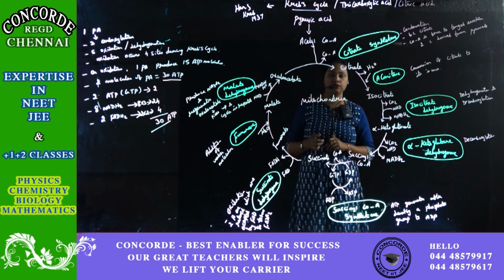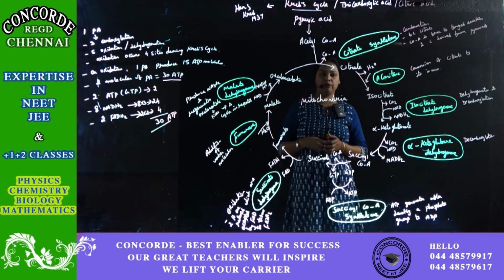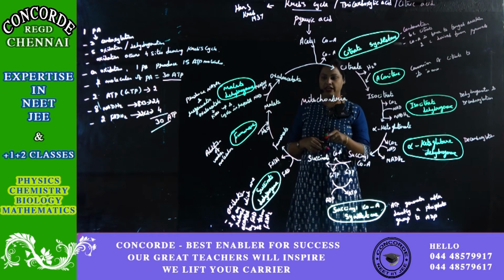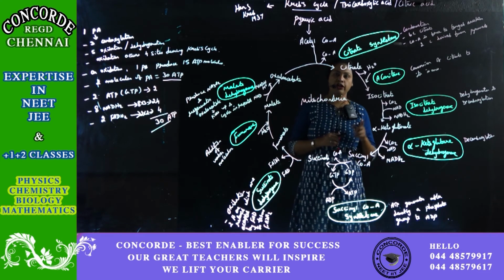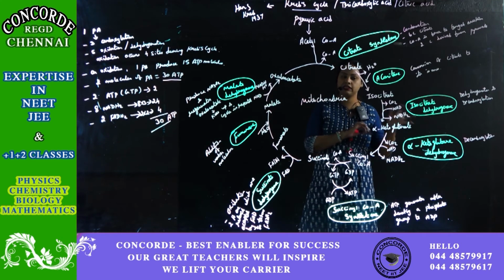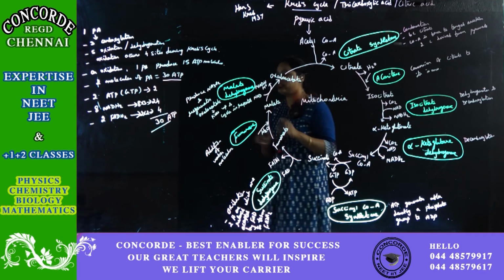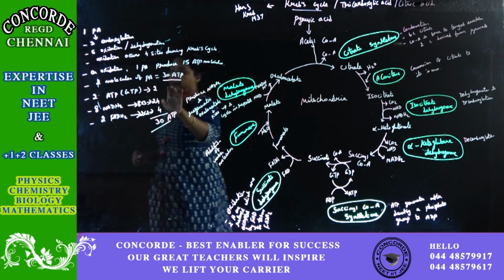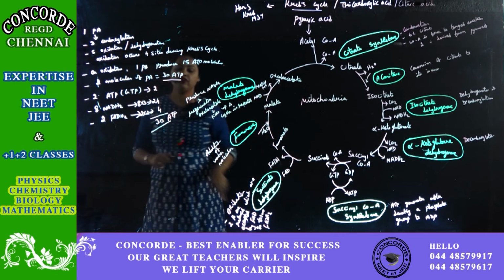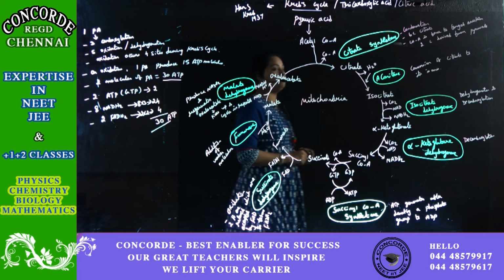And 2 ATP will be produced. As I've already told you, oxidation is happening simultaneously at the 4 sites, so through that the rest will be produced. So overall it will be 30 ATP molecules.